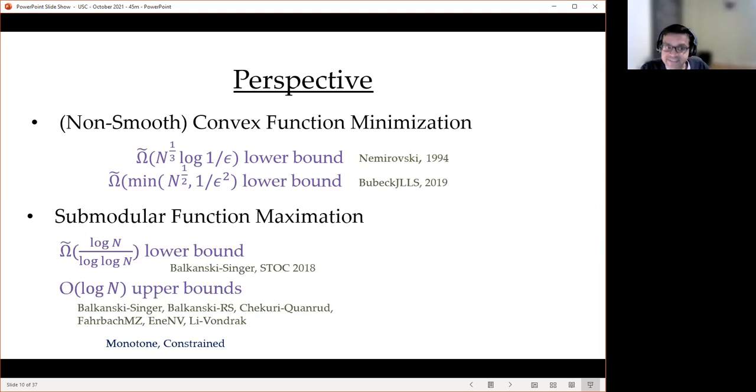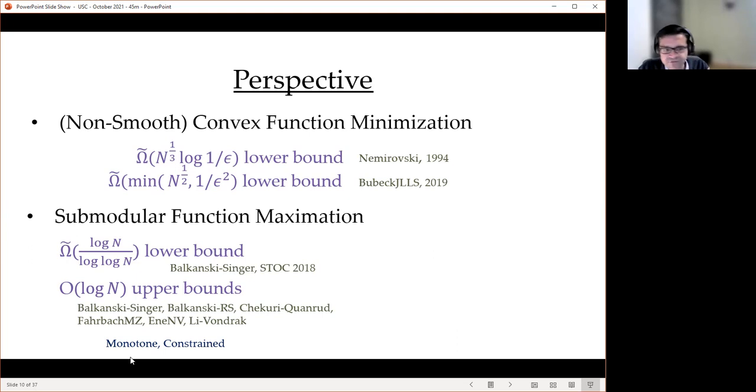And there the answer is log n is the quote unquote correct answer. These problems are NP hard, so you want approximation algorithms. Any approximation algorithm must make log n by log log n rounds, and roughly you can get similar approximation factors in that many rounds. So it matches.